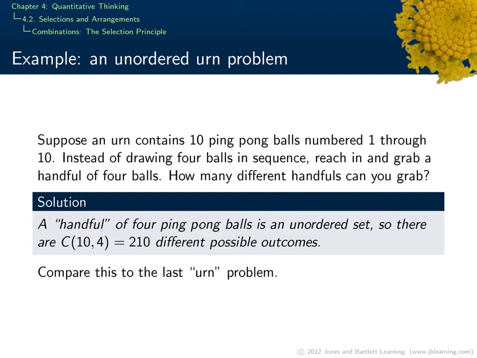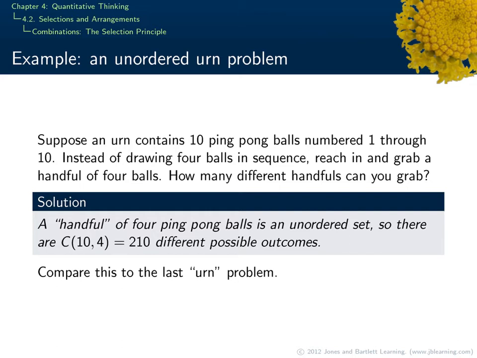All right, now we have our urn again with our 10 ping pong balls numbered 1 through 10. This time, instead of drawing 4 balls in sequence, we reach in and grab, or select, 4 balls. We don't care what order they're in. We just select them. The question is, how many different ways can this be done?